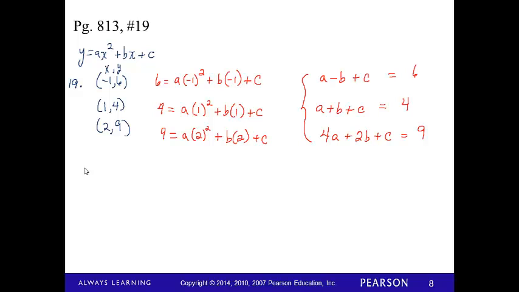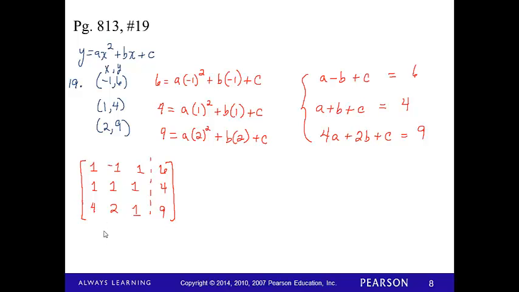So first thing you're going to do is get your augmented matrix. This time, instead of using x, y, and z, we're using a, b, c. So the first row is 1, negative 1, 1, your vertical bar, and then 6. And then we have 1, 1, 1, 4. And then we have 4, 2, 1, 9.